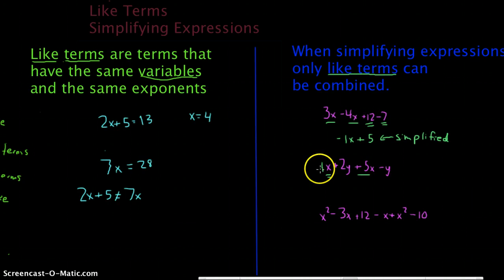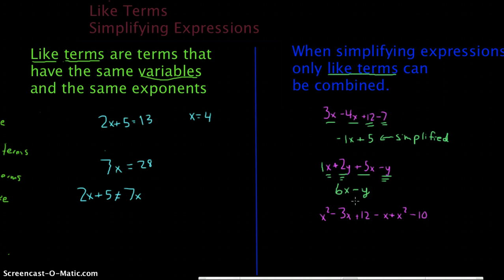I have an x, that means I have 1x. So I have 1x and 5x combined to give me 6x, okay? And then I have a positive 2y and a negative 1y, right? I'm going to put those together, giving me 2 minus 1, which is 1y, which I'm just going to write as y.